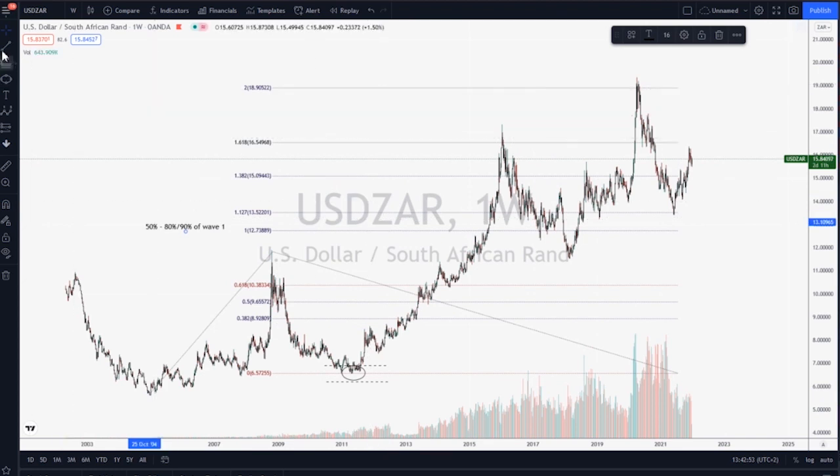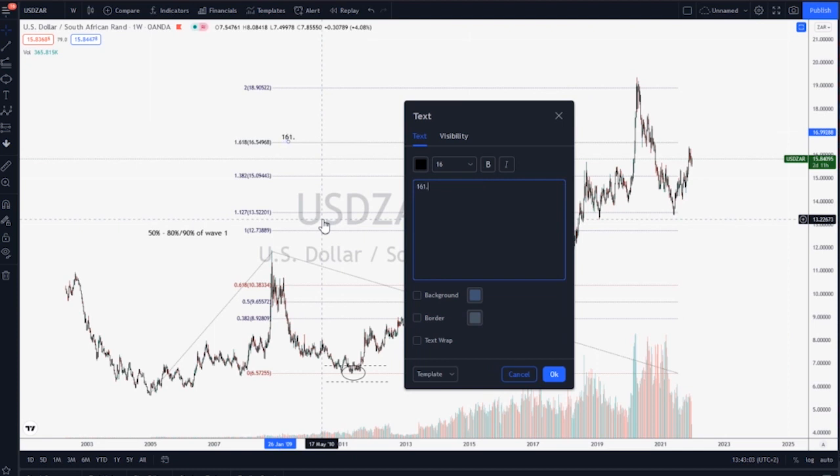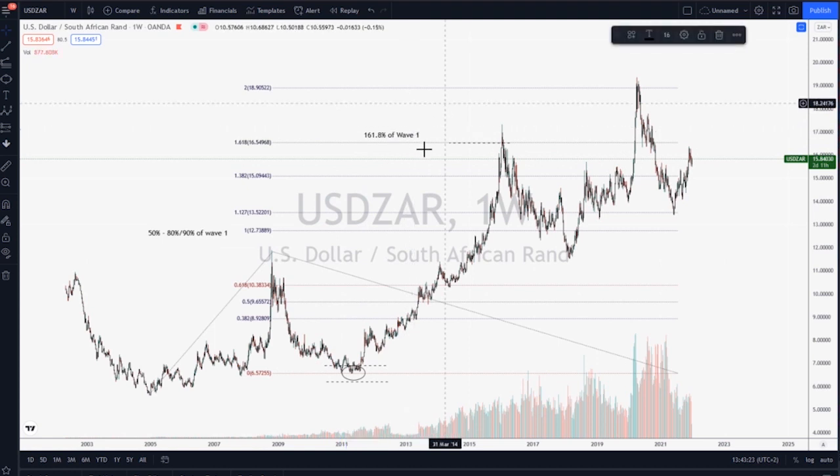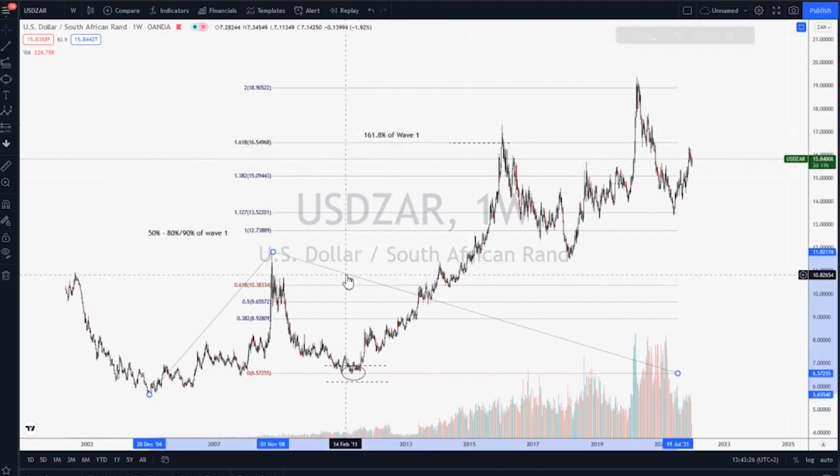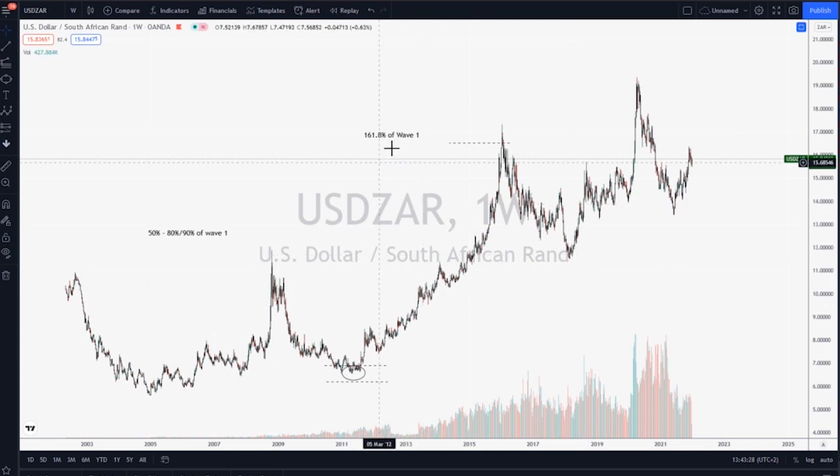Oh, would you look at that? 161.8% extension of wave 1. 161.8% of wave 1 is the rule for the validity of wave 3. I'm just going to identify that for you, write it down, there we go. And then I'm going to remove that Fibonacci extension.